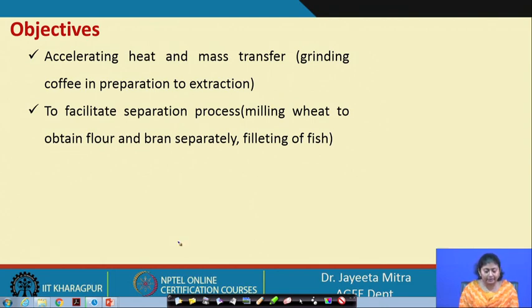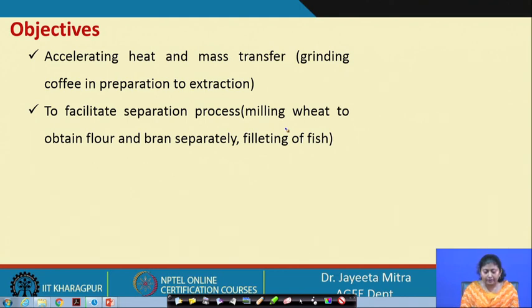When we want to separate the bran from the wheat kernel, or similarly in separation of the rice bran also, we want to separate two different parts of a grain which have somehow different composition or different use.